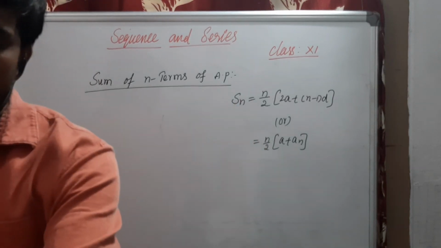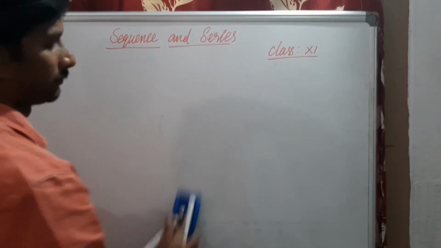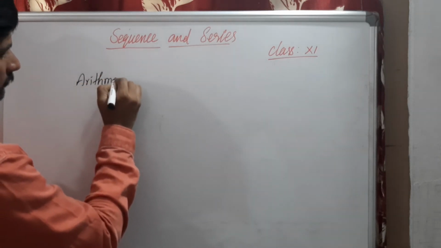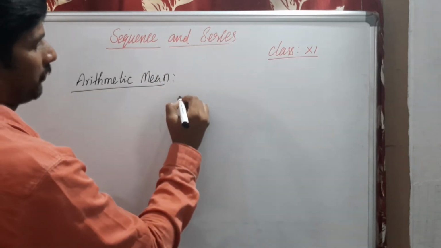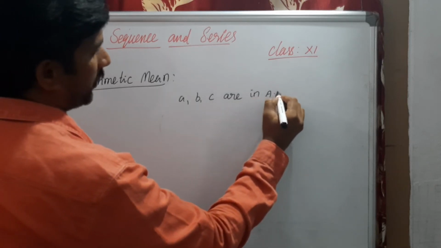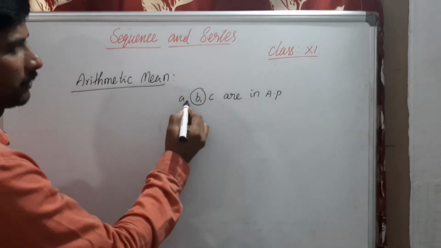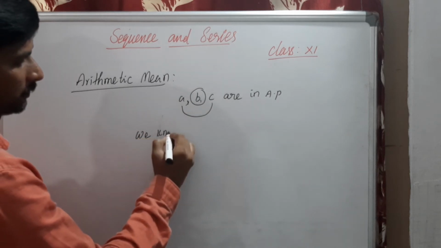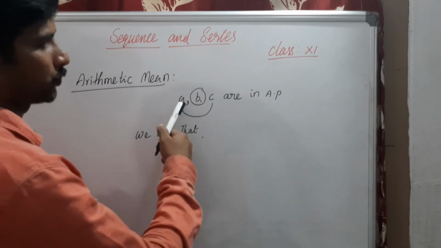Now, arithmetic mean. If A, B, C are in arithmetic progression, if they are in AP, then B is called the arithmetic mean of A and C. We know that in arithmetic progression, the common difference between any two terms is the same.